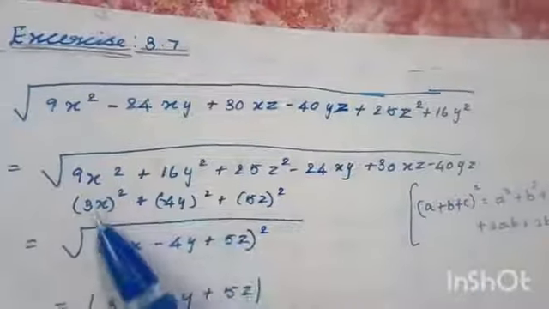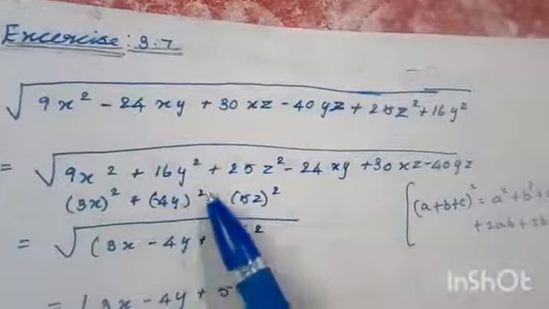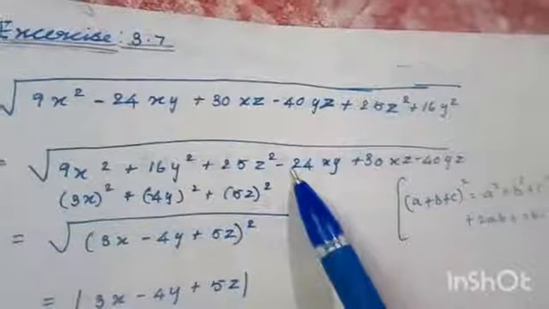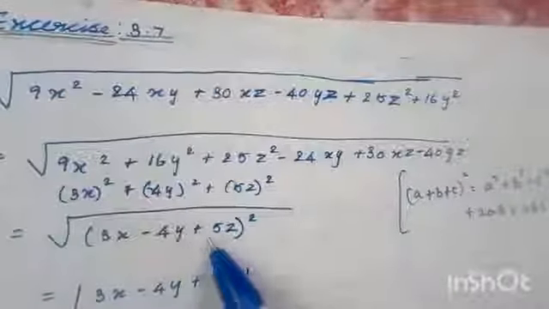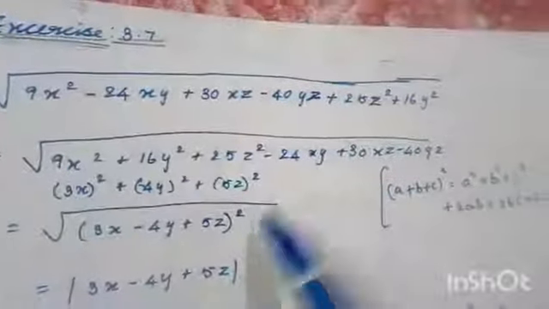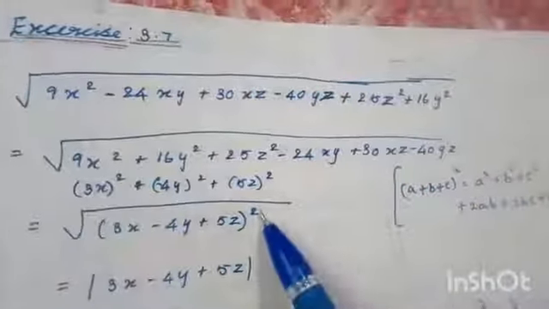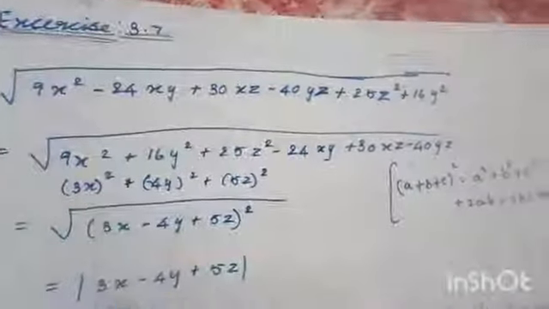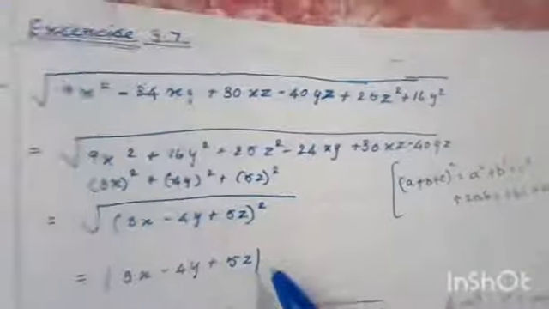So we conclude that it is in the form (3x − 4y + 5z)². Compared with this formula, the square root gives the absolute value of 3x − 4y + 5z.